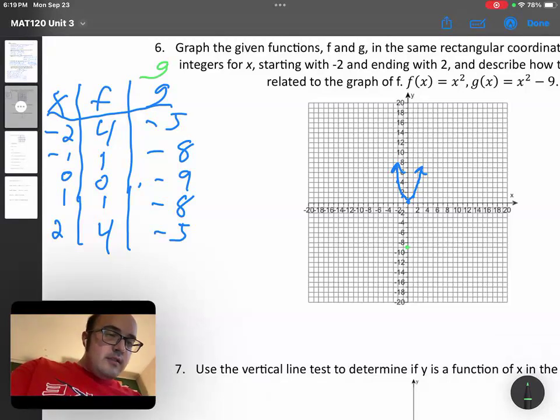Then 1 and negative 8, negative 1, negative 8. And then 2, negative 5, and negative 2, negative 5. My point was slightly off.